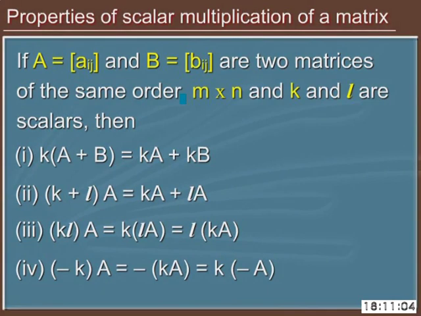Fourth, (minus K) into A is equal to minus of (K into A), which can be further written as K into (minus A).